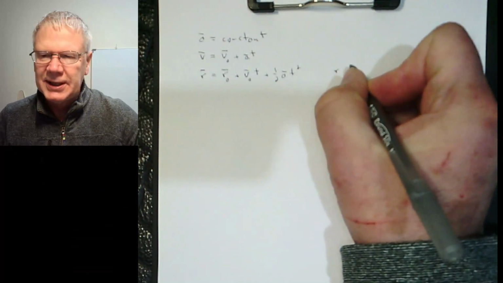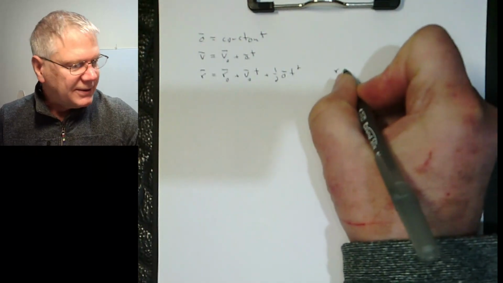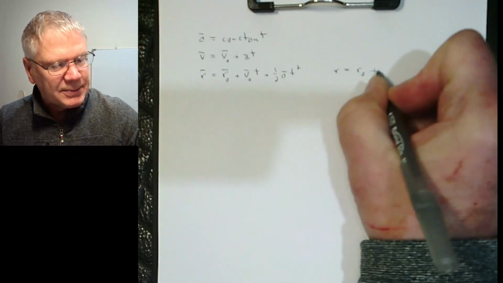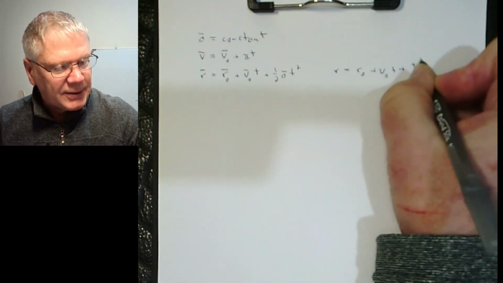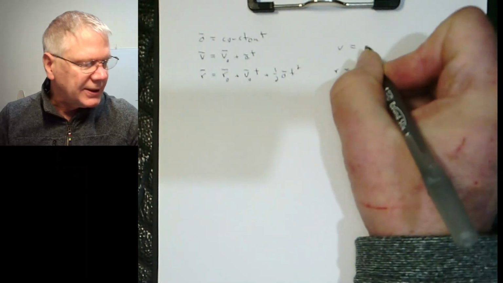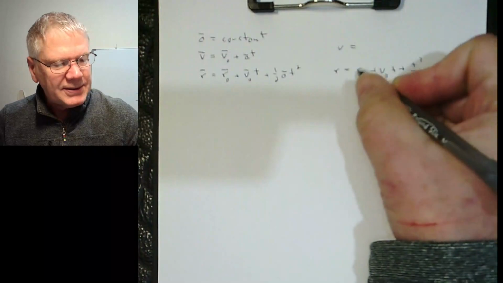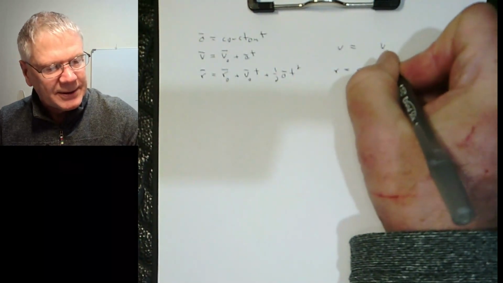Just as an example, and I'm not going to go off into calculus beyond this, if this were r0 plus v0t plus t cubed over 6, I would have a different velocity equation. This is the derivative of this. The r0 goes away. You get initial velocity.